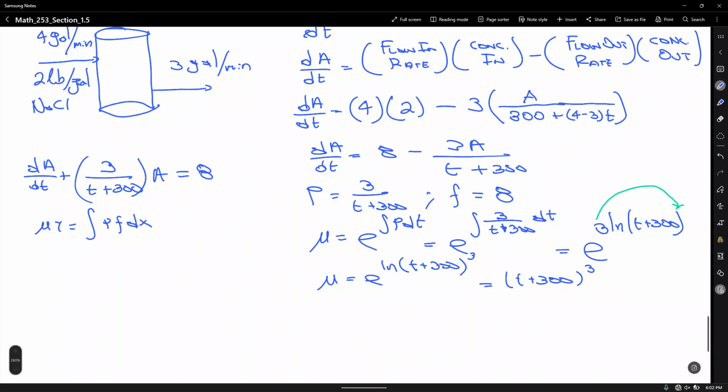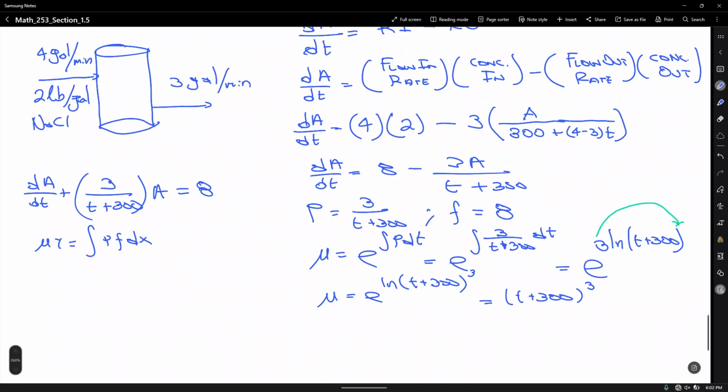However, let's adapt this formula to the variables we have in the context of the solution. The dependent variable this time is the letter A. So that'll be mu A equals the integral of mu f, but instead of dx, it will be a dt.